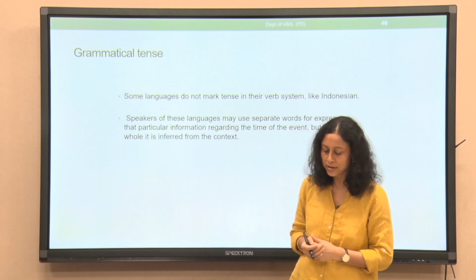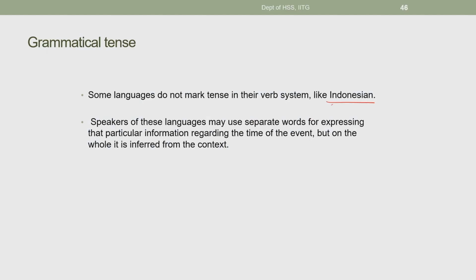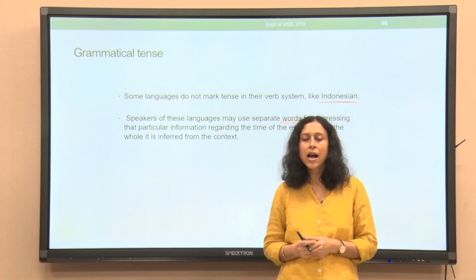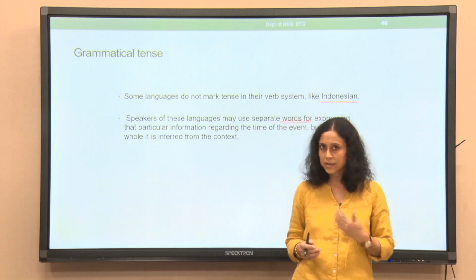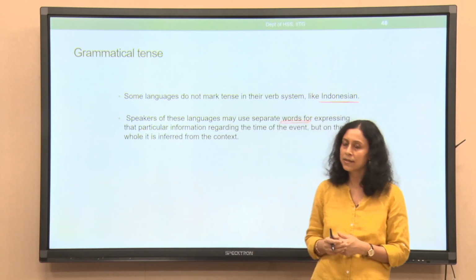One particular study that is very well known was carried out on Indonesian languages. Speakers of these languages may use separate words for expressing that information, but not a particular grammatical entity. Like in English you can say I played versus I will play versus I am playing, and so on. This particular distinction is missing in this language.